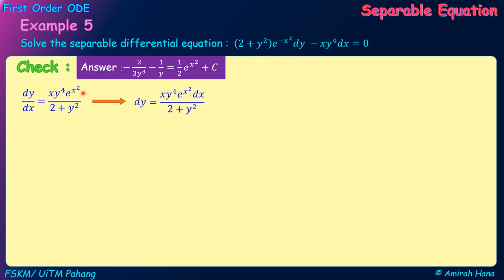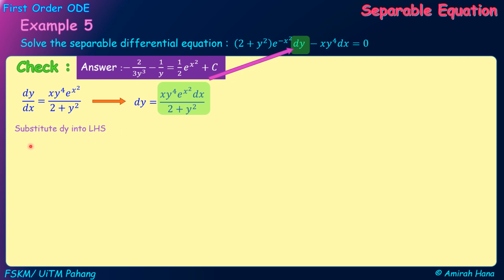We move dx to the right-hand side, so we get dy equals x y to the power of 4 e to the power of x squared times dx over 2 plus y squared. So dy here, we can substitute into dy in the given question.